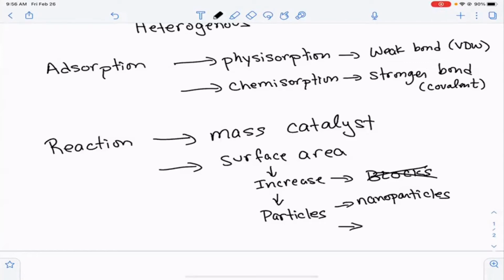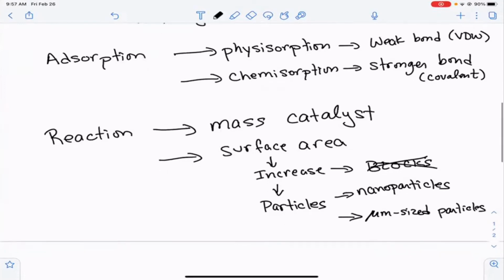And so what happens is that in industrial catalysts, oftentimes we're not talking about nanoparticles, we are talking about micron-sized particles. And we could be talking single microns, tens of microns, hundreds of microns.